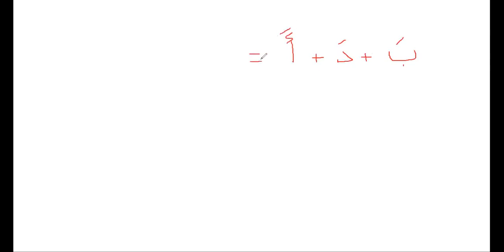So the final result should be: ba in the beginning has only one tooth, and the dot is always under the tooth. So ba would be like that.